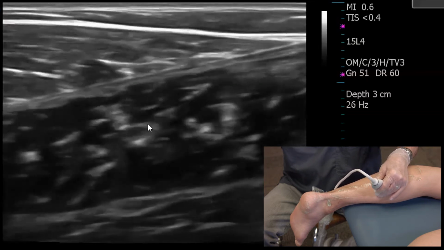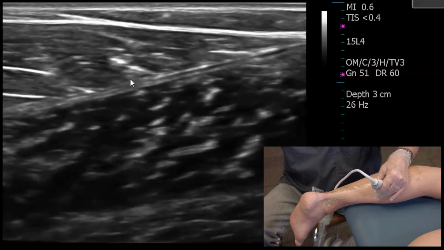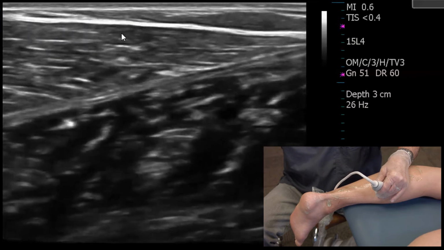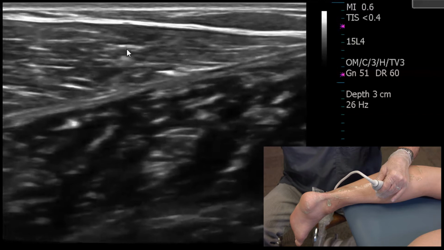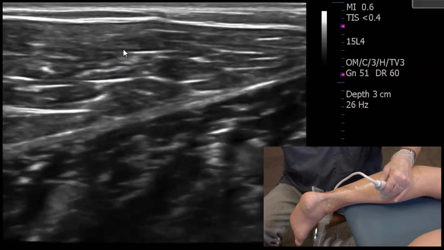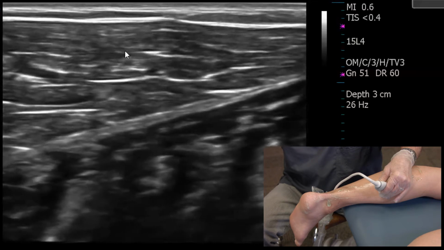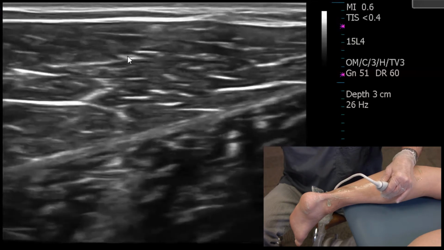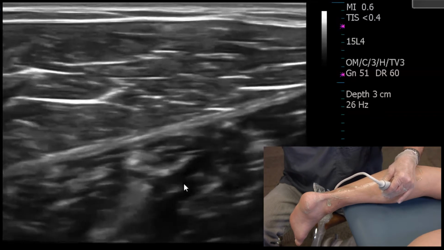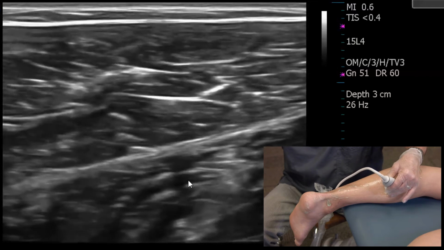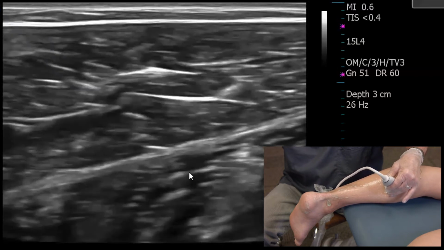As I go up into the medial gastroc, it now takes shape. Notice that this gastroc has a little less of a hyperechoic area because this is more of a fast twitch muscle versus the soleus, which has a tendency to be more of a power muscle.